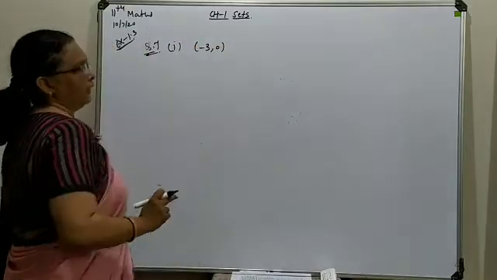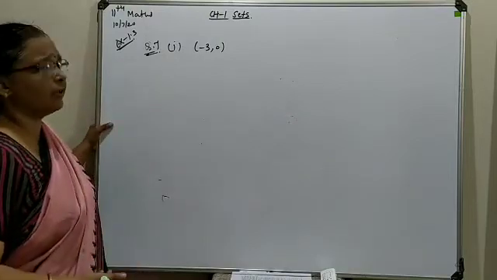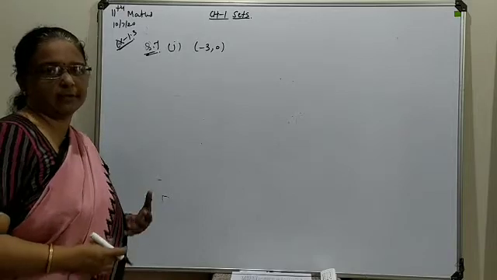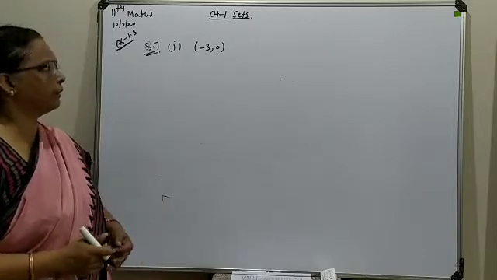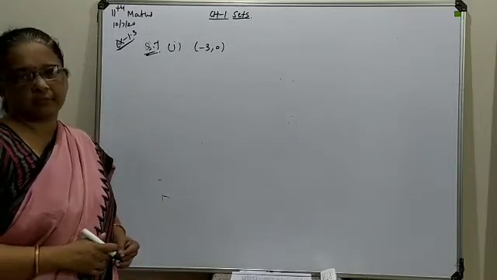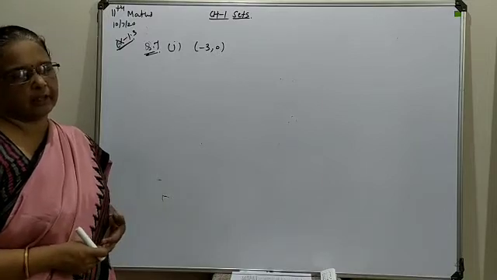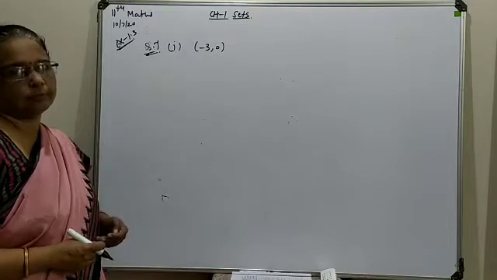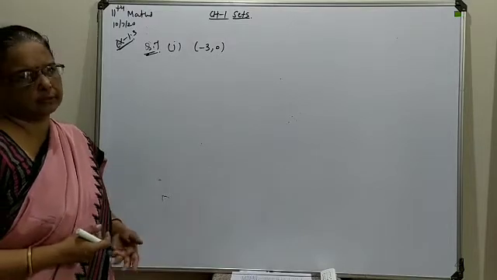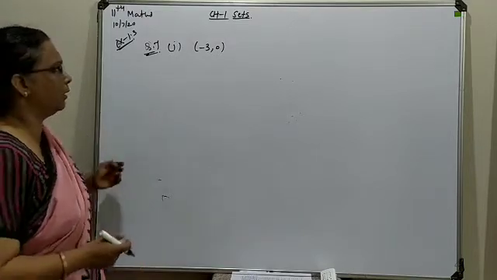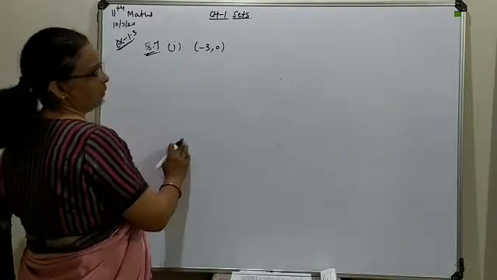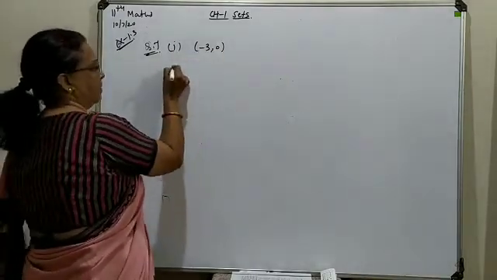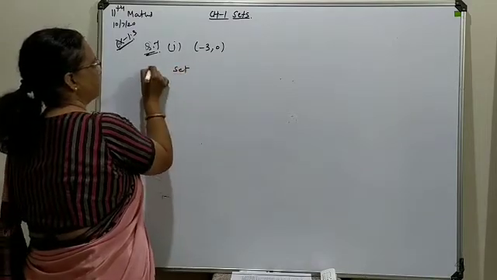Regarding the values, if no information is given, it is to be taken from R, or from Z. In general, everywhere you will write x is to be taken from R. Unless nothing is given to you as a restricted form, you follow the general case. As we have seen in the previous case, the same way we are going to write this interval in set builder form.